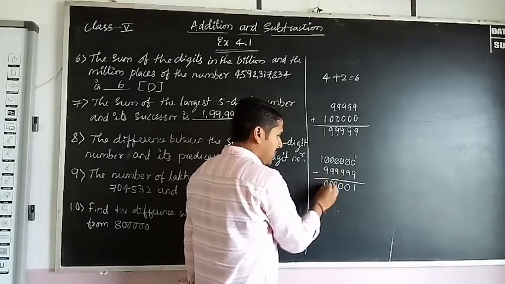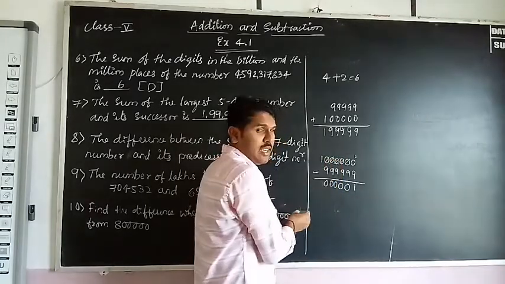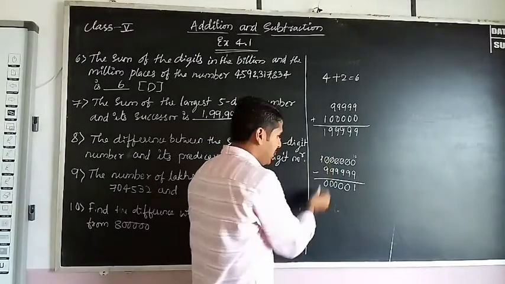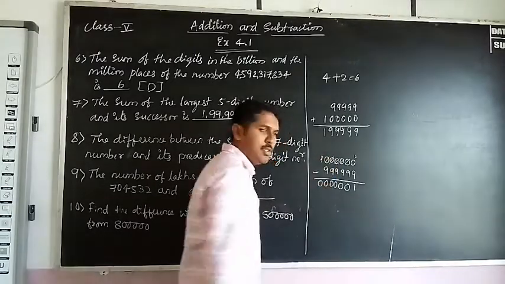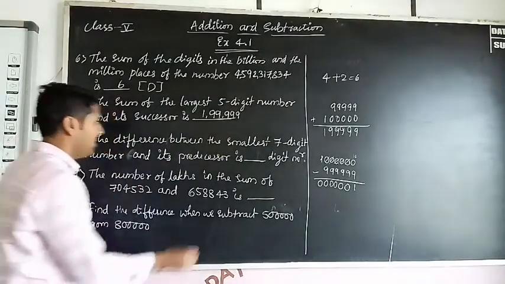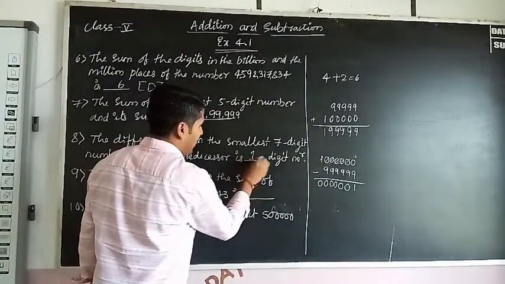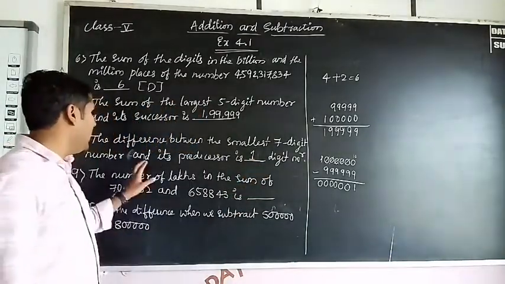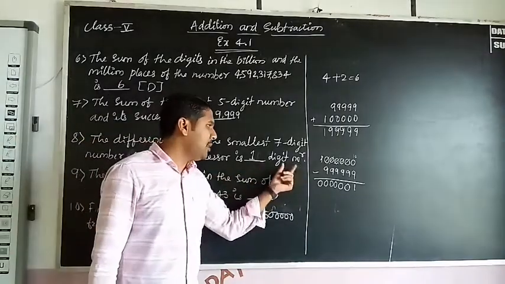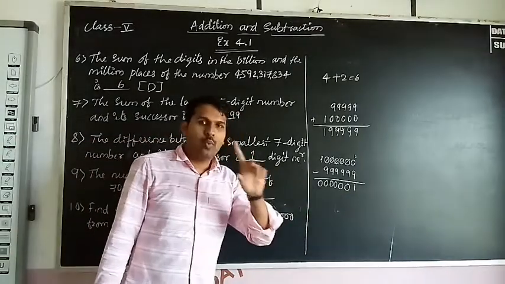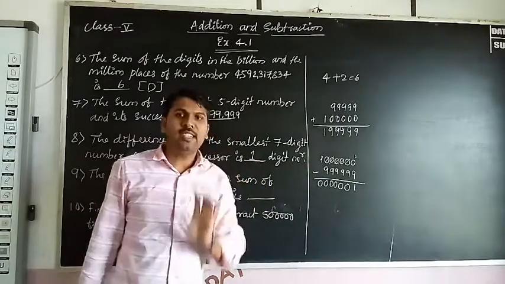Again cancel, 0. Here we have taken 10, so here also carry. So 1 minus 1, 0. So what is the answer? Answer is 1. And its predecessor is a 1-digit number. How many digits are there? Only 1 digit, no? So the answer is a 1-digit number.